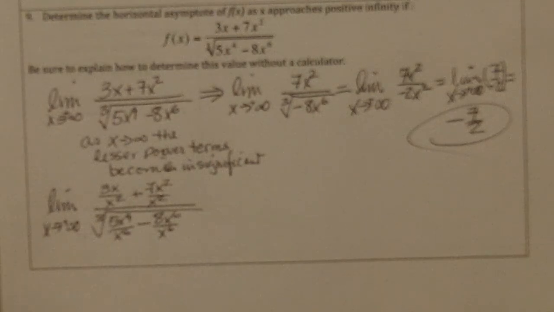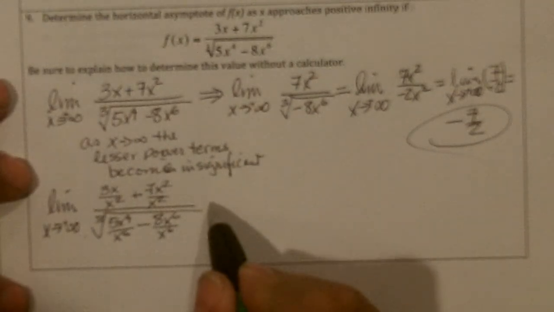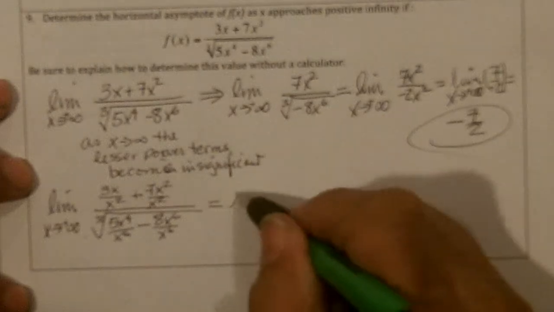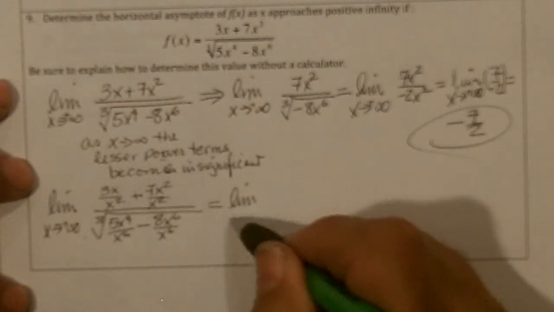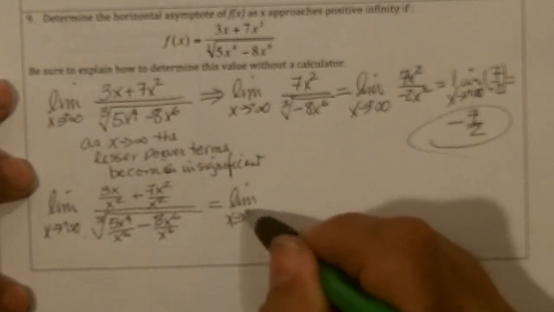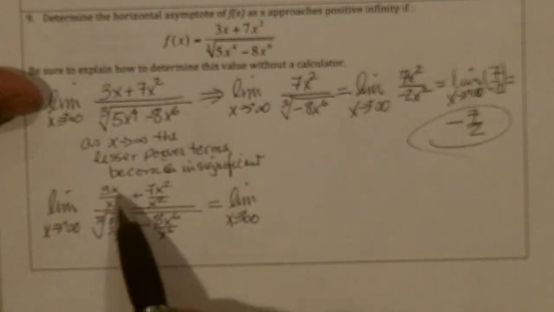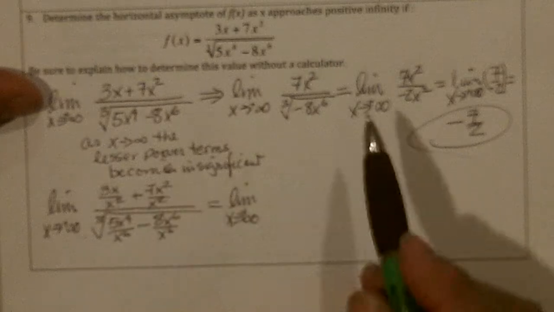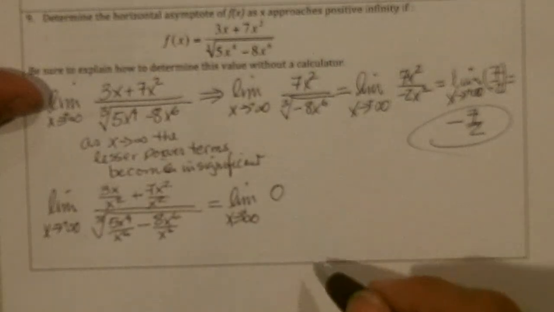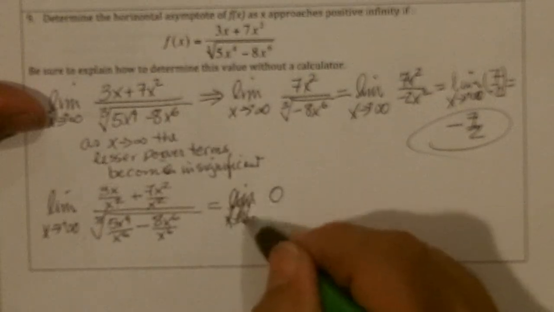Now, as x gets very large, this, which has a larger denominator than a numerator, will go to 0. So I'm actually taking the limit now.